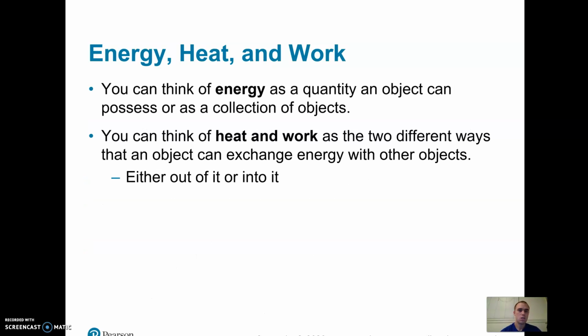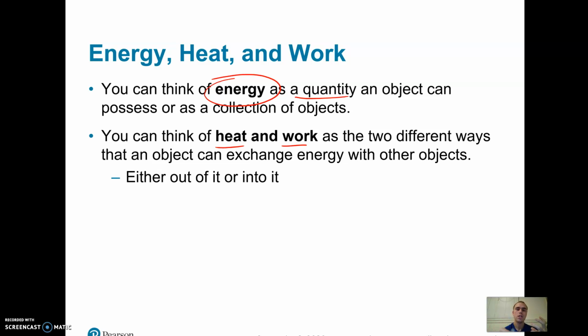Okay, so we can think of energy as a quantity, and this quantity can be made of two different things: heat and work. The energy can flow in and out of these systems, or these objects, or these chemicals, or whatever we're dealing with.